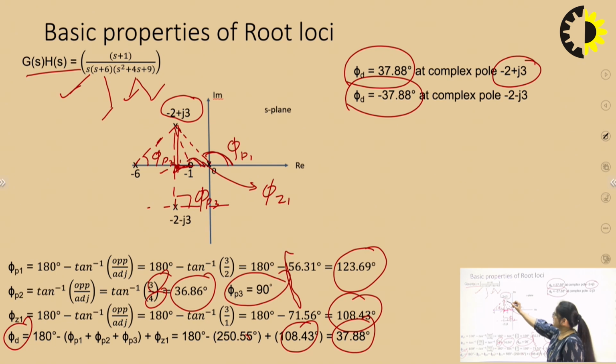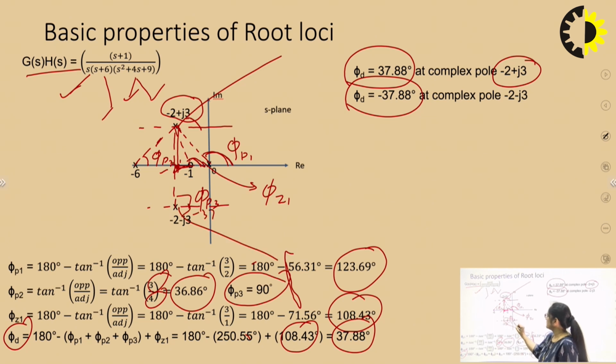So the root locus starting at this complex pole will go towards infinity at an angle of 37.88 degrees, and the other will also go with minus 37.88 degrees.